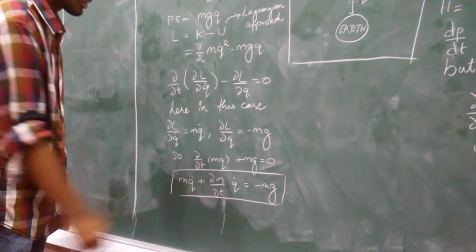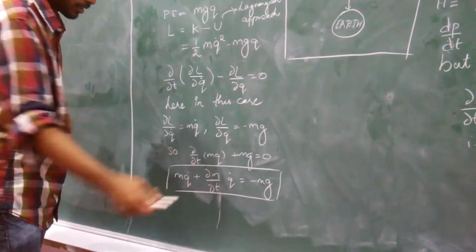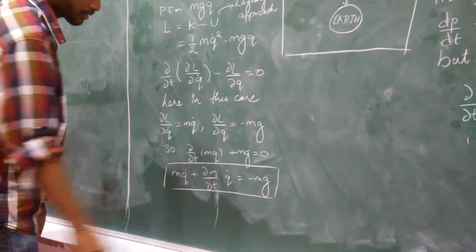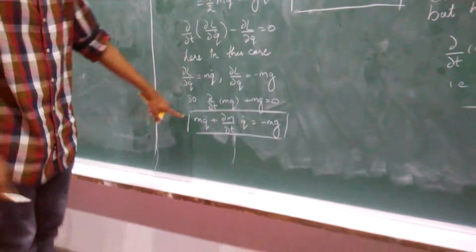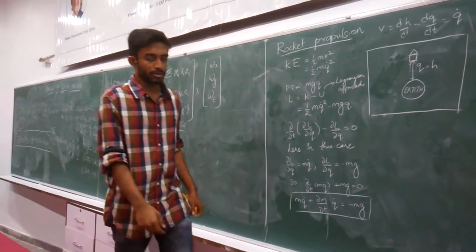As m is not constant here, m is also a variable with respect to time, so we differentiate m too and write it like this. So this is the equation of motion of a rocket using Lagrangian. So we derived it using Lagrangian.